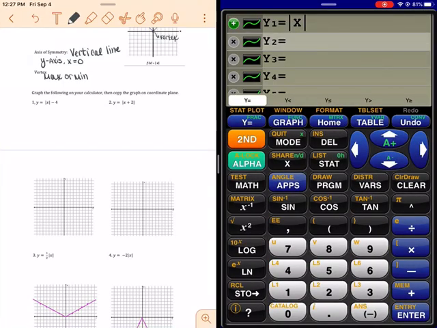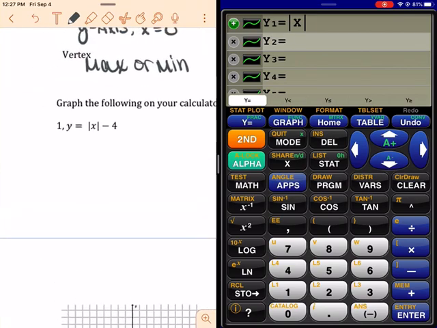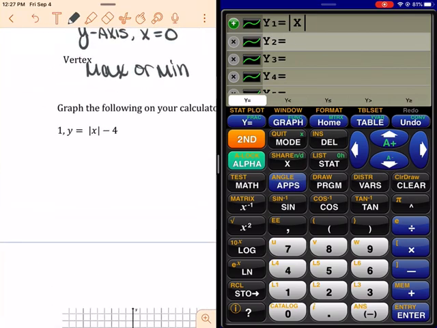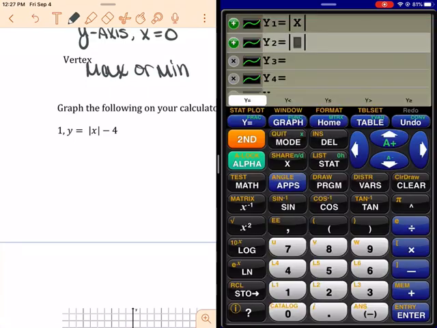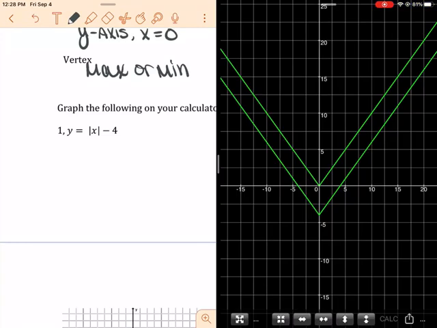All right, so let's go back. Let's click done. Go back into y equals. I'm going to go to y sub 2, and I'm going to put in this one, the absolute value of x minus 4. So I'm going to go to math, number, ABS, x. I'm going to arrow out, and then go minus 4. Okay, so the idea here is what happened. The second one is down 4 units.